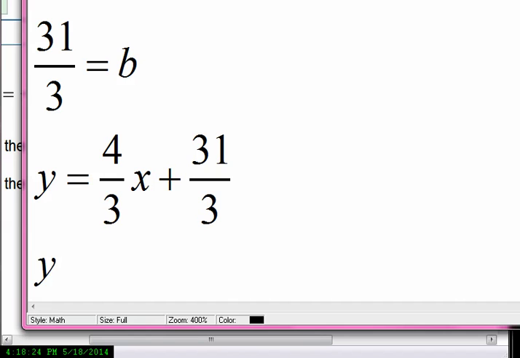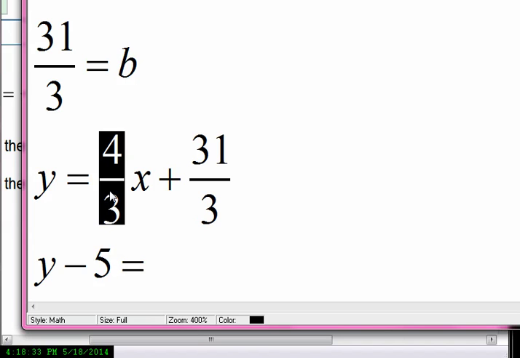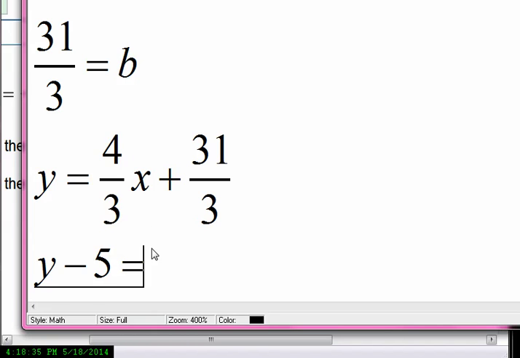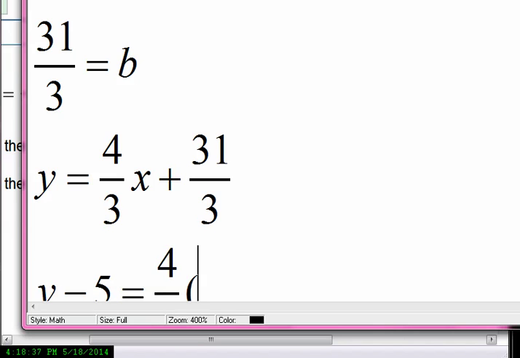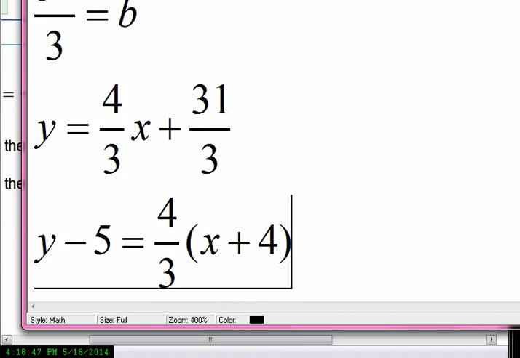So it says y minus the y value, which was 5, equals 4/3 times x minus negative 4, but I'm just going to rewrite that as x plus 4, because when you subtract a negative number, it's the same as adding.